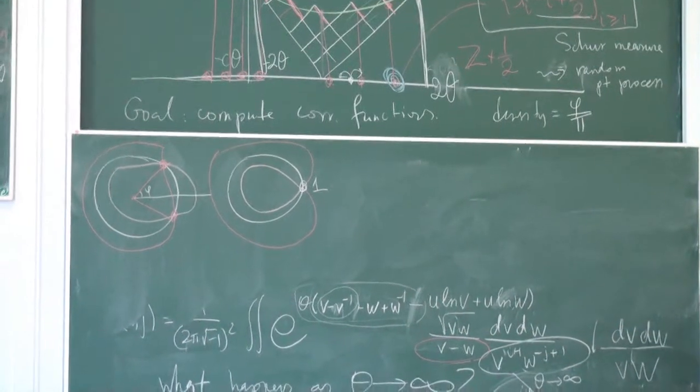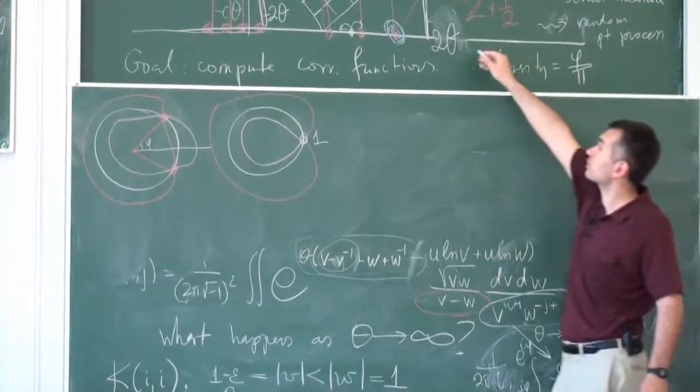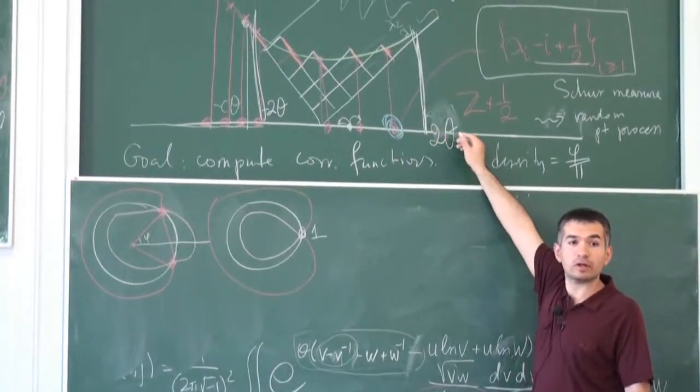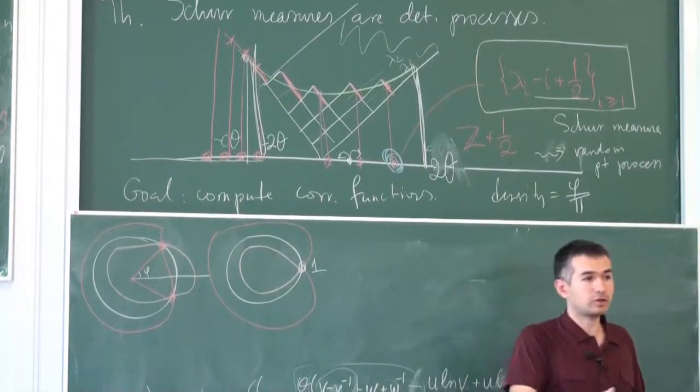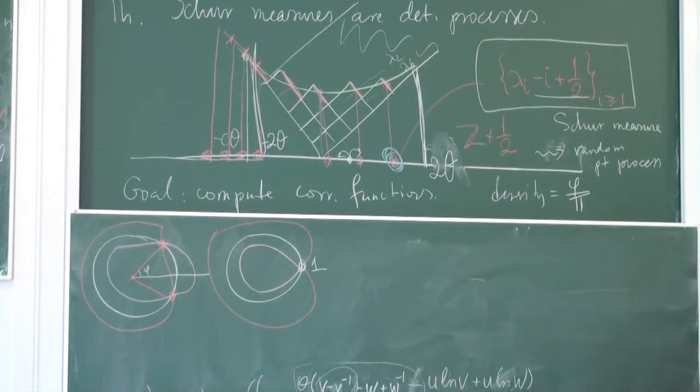And that's because the points near the edge, these particles, become rarefied. The distance between them gets large, and so the probability of finding a point near any location is 0. Now that's not satisfactory for us. We don't want to get 0. We want to get some scaling limit. We need to rescale the particles in such a way that we get a meaningful asymptotics.